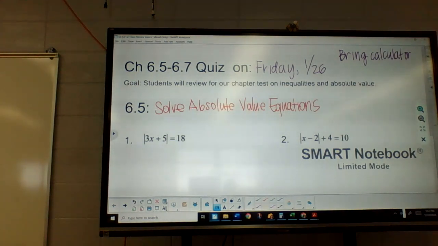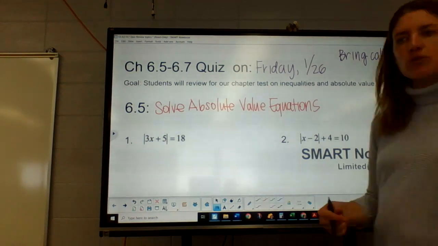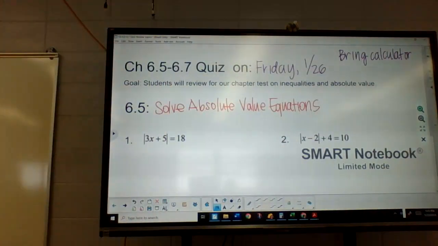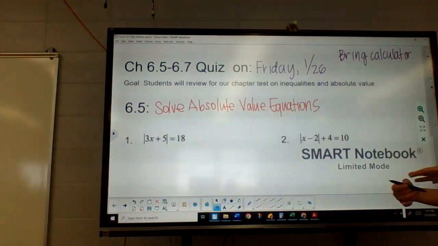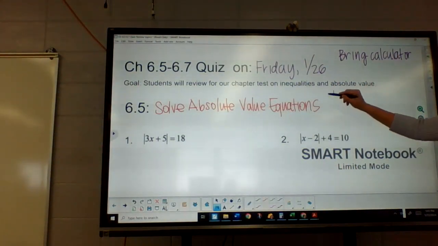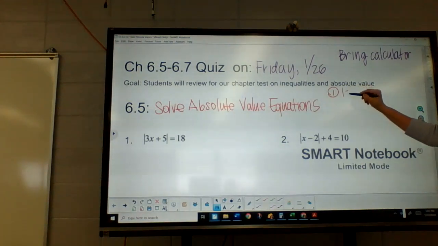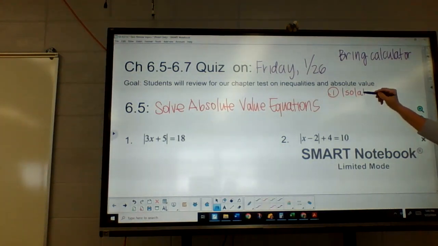So depending on the problem, we could have 2 solutions. Some of you on the front side of the scrimmage, I said, what's your other answer? So you missed half the answer. We forgot half of it. So we want to make sure we include both solutions. But we want to remember that first we need to isolate that absolute value.